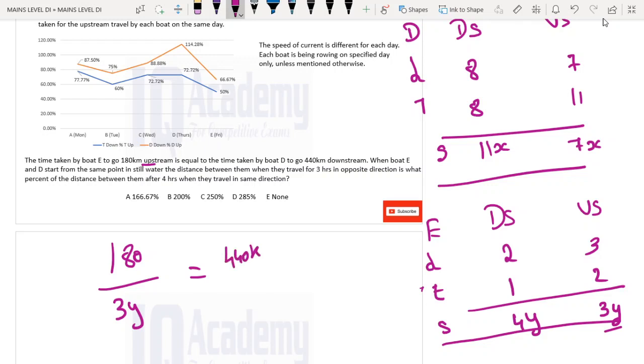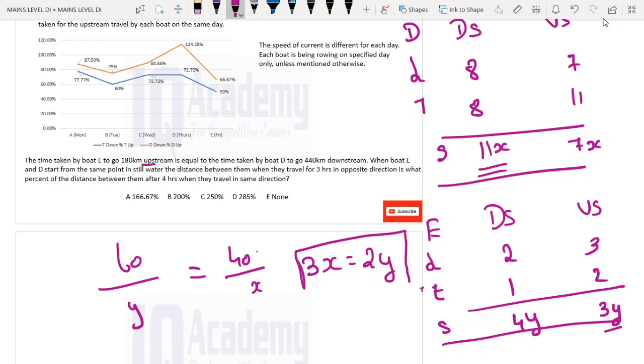So 440 divided by the downstream speed of D, which is 11x. So 40 by 11x equals 60 by 3y, that is, 3x equals 2y. So this is the relationship between x and y.